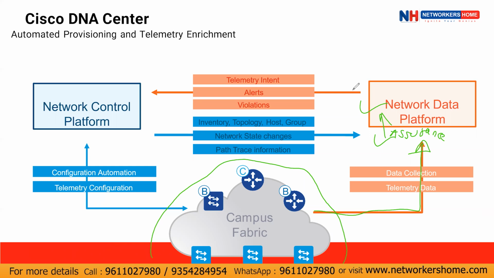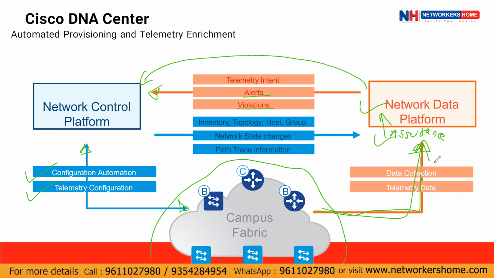The network data platform provides a copy of the telemetry intent, the alerts and violations to the network control platform. This deals with the automation part. So if you see, there is a double arrow here, which means the network control platform does the configuration automation as well as the telemetry configuration required to push this data here.